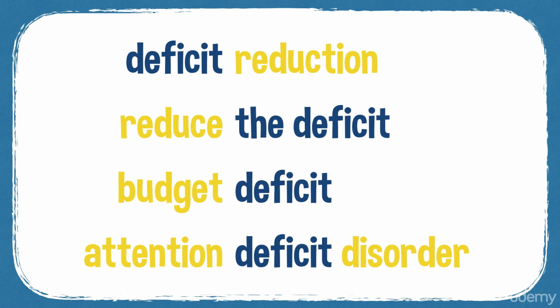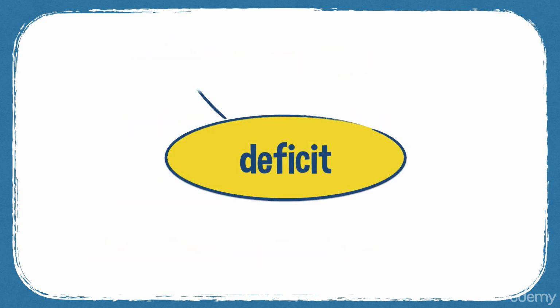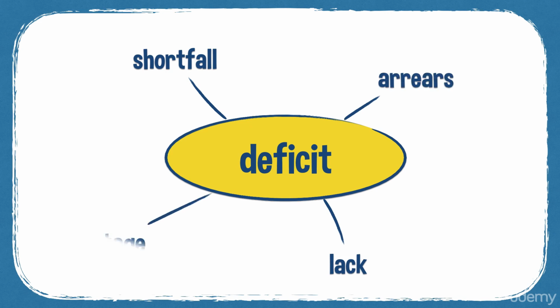They can't listen to the teacher. They mess around in the classroom. They can't concentrate. Attention deficit disorder, or ADD, is often called as well. So some synonyms for deficit: shortfall, lack, so you have a lack of attention, a lack of money, arrears, shortage.